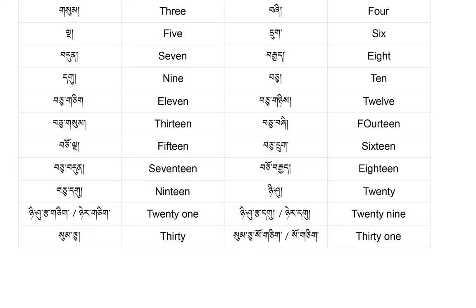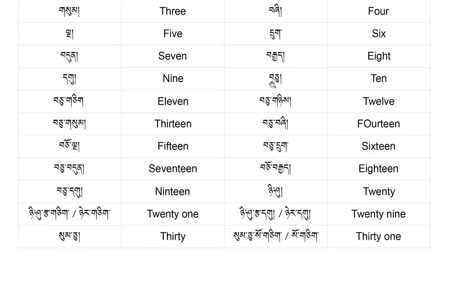So here is a rule that some of you might know, and for some of you this might be a new rule. When we are adding chu, which actually means 10, sumchu means 3 times 10, which is 30. In this particular case, the first syllable has a suffix, which is ma here. Therefore, whenever we write chu after this, we will write it without a pa.